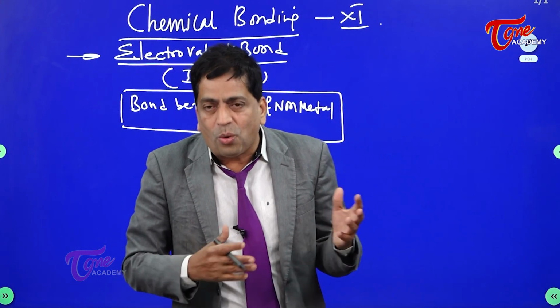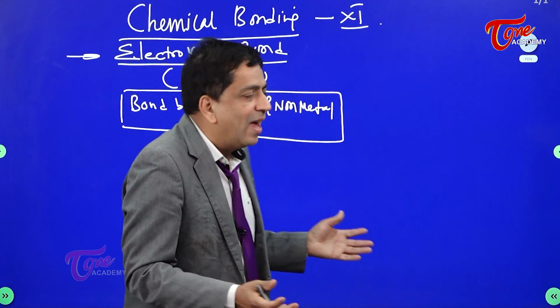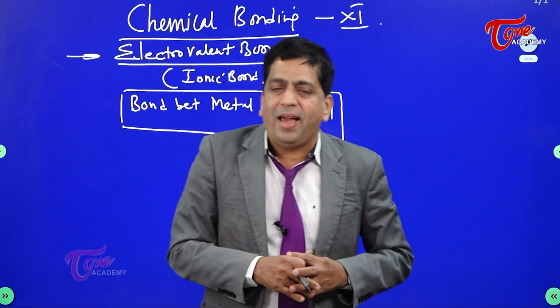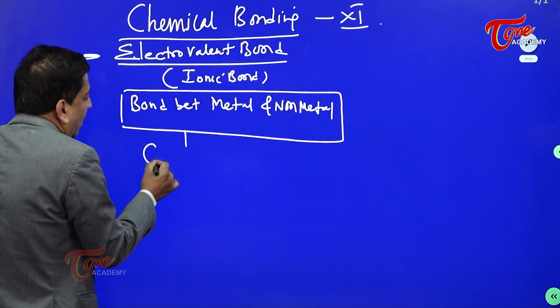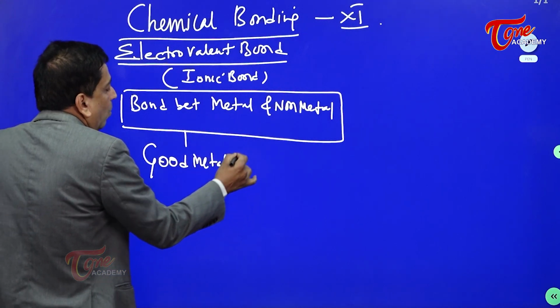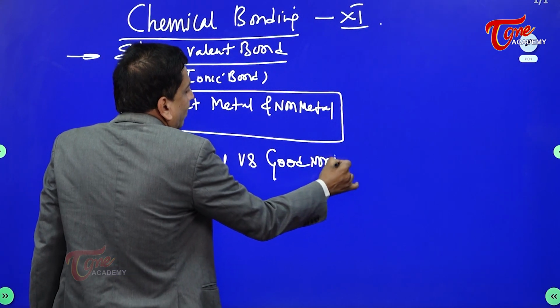So for our discussion, if you simply say that a bond is between a metal and a non-metal, I can write a good metal versus a very good non-metal.